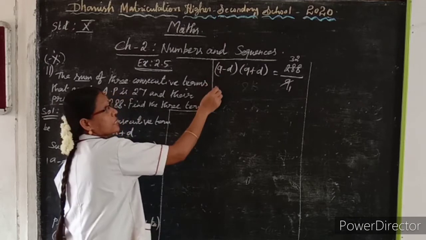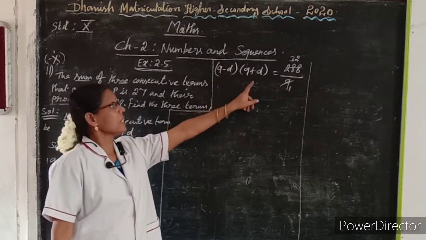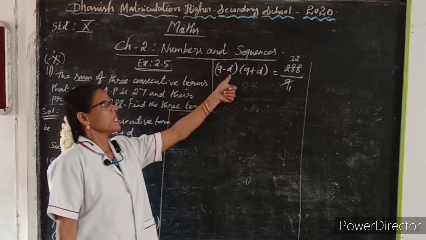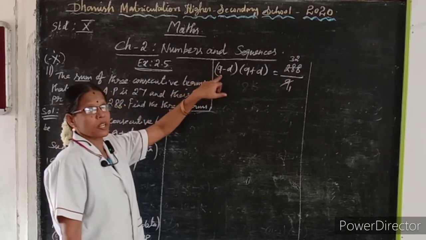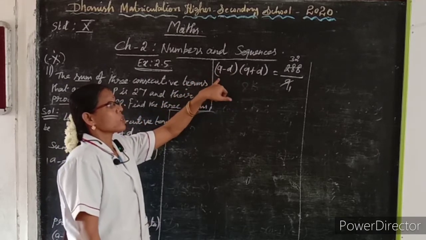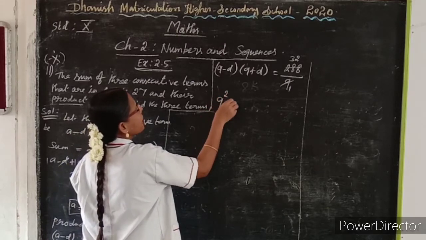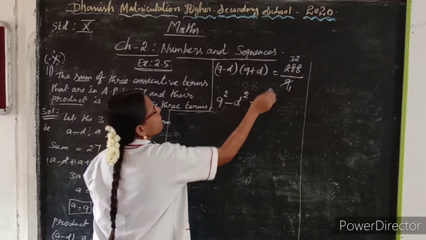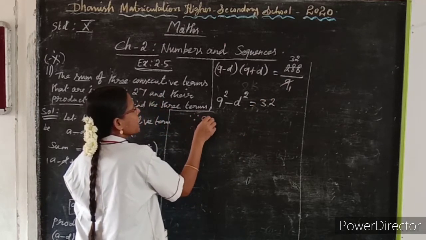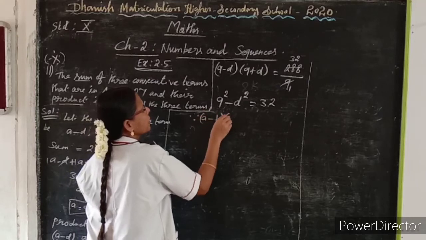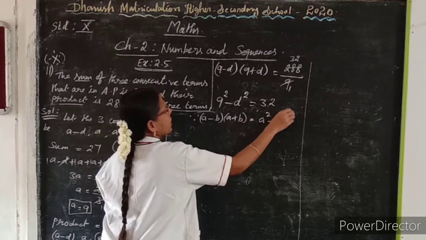So 32. In the LHS, 9 minus d into 9 plus d is in the form of a minus b into a plus b. So apply that formula. What is the formula for a minus b into a plus b? a square minus b square. So 9 square minus d square is equal to 32.